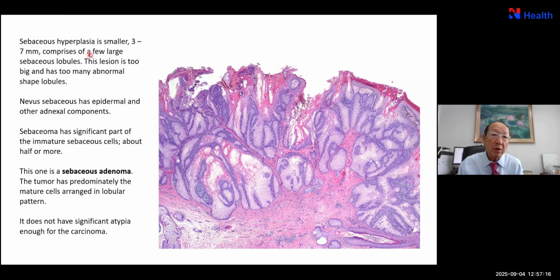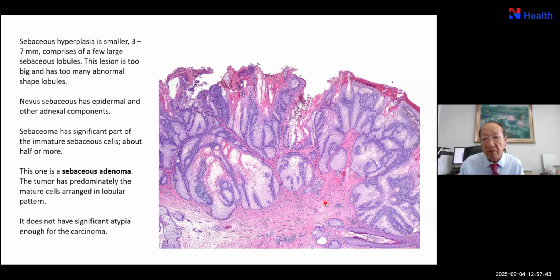The sebaceous hyperplasia is normally small, 3 to 7 millimeter, rarely approaching 1 centimeter. They are comprised of large sebaceous lobules, a few of them. This lesion has too many of the lobules, and the lobules have abnormal shape.